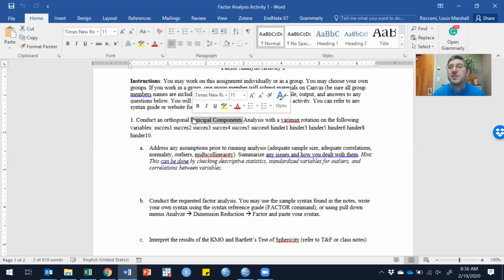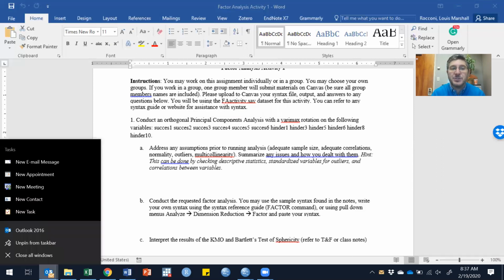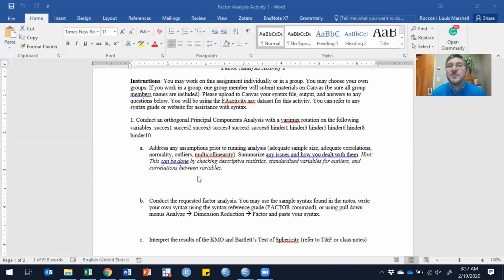And most of the time I'll tell you which kind we're going to do. The fact that I'm calling it an orthogonal principal component analysis means that I don't want there to be a correlation between the components that you're extracting, which is typically the default in principal component analysis, that the components are uncorrelated with each other.